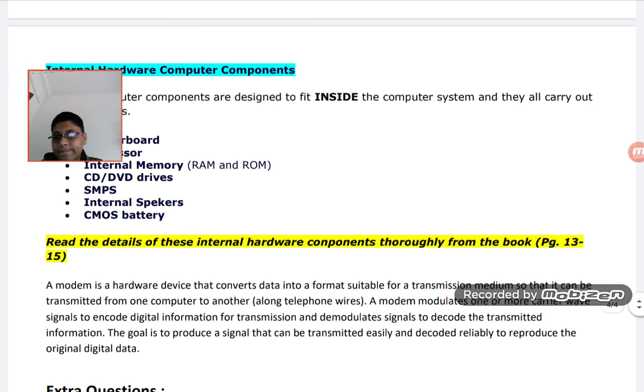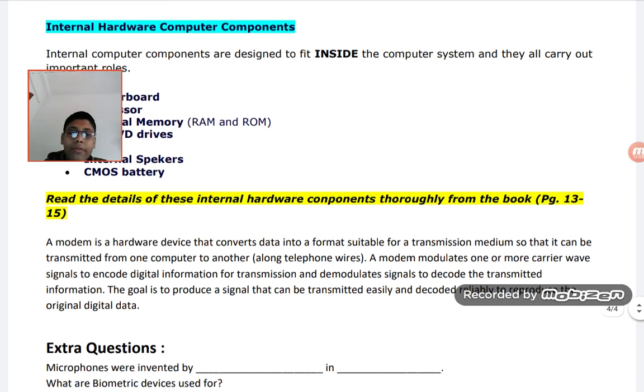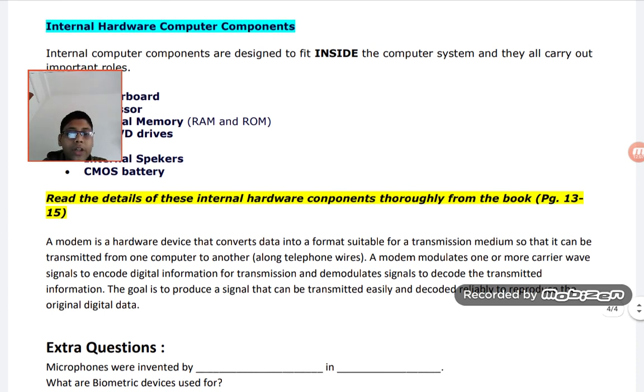A modem is a hardware device that converts data into a format suitable for a transmission medium so that it can be transmitted from one computer to another along telephone or voice lines. A modem modulates one or more carrier wave signals to encode digital information for transmission and demodulates signals to decode the transmitted information.